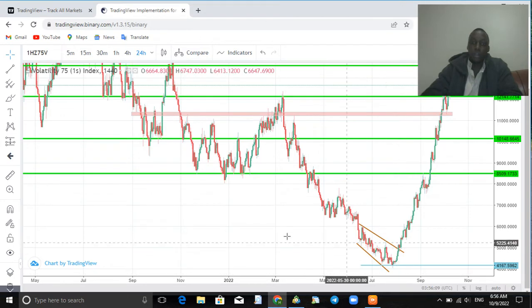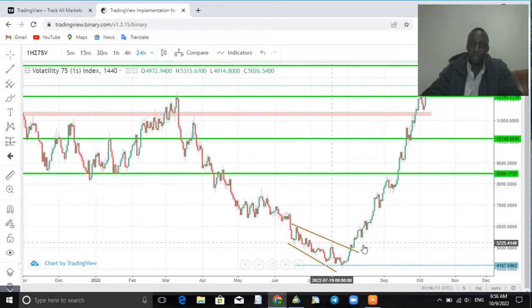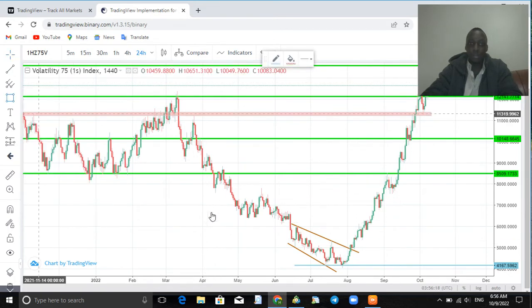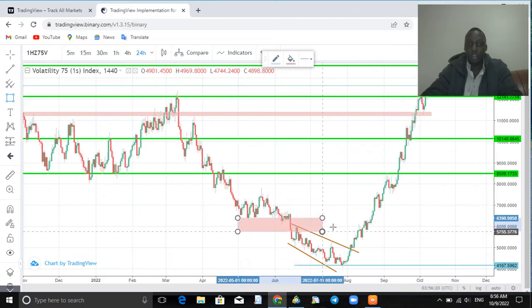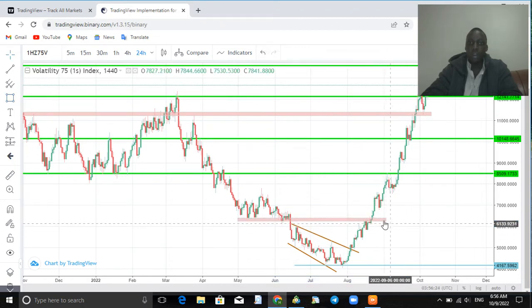After we experienced this falling wedge, price broke up and retested. Prices kept on pushing. We had this support level, and prices broke this support level. We kept on pushing, making higher highs and higher lows, higher highs and higher lows.